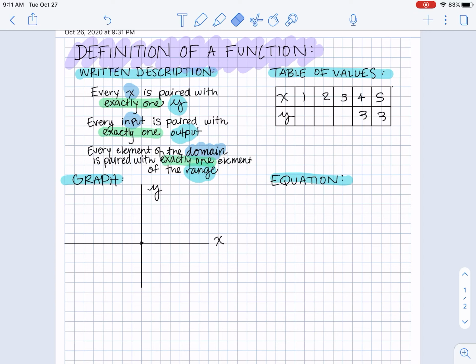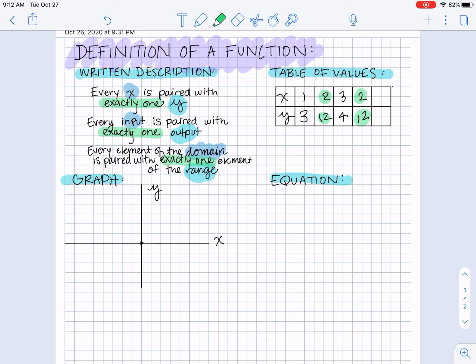Okay, now let's do something else. Let's say I have 3, 12, and this is 3, and this is 4, and this is 2, and you should be thinking right now, wait, no, there's 2. But what if I'm like, it's 12, don't worry. Right now, it is a function because my x, 2, is still paired with the same output 12.